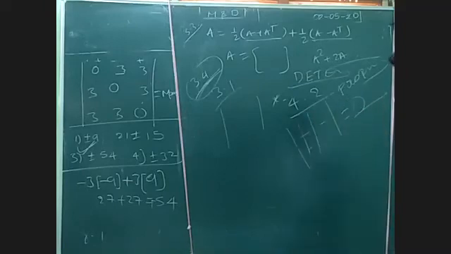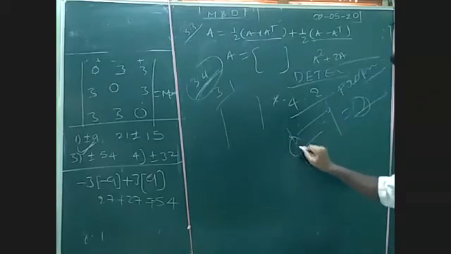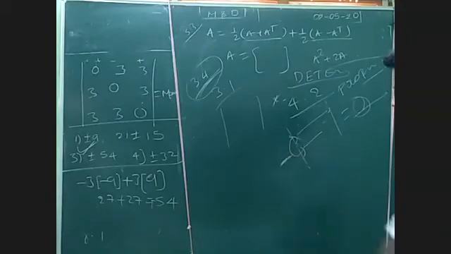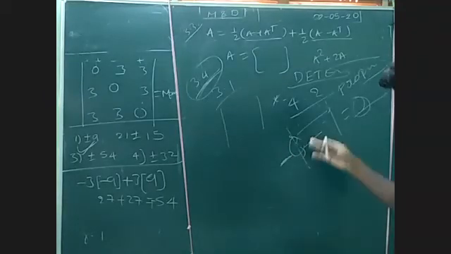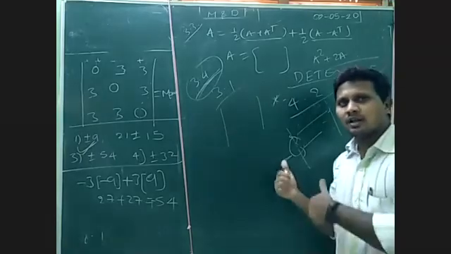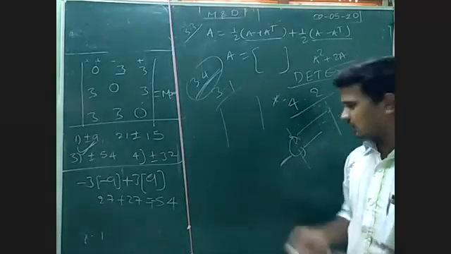If any two columns are identical, the determinant is 0. If one entire row or one entire column is 0, the determinant is 0. And if we interchange any two rows, then it will become negative. These are the properties that we use in evaluating the given question.